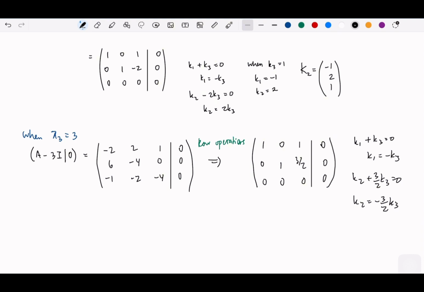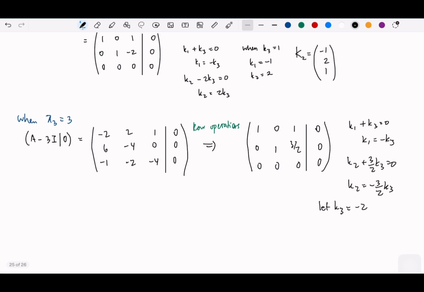So we could choose some values. Let's say K3 is negative 2, so we can get rid of the negatives. So we have the eigenvector 2, 3, and negative 2. So that's the eigenvalue and eigenvector.